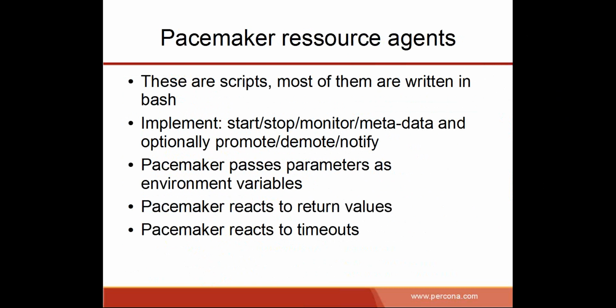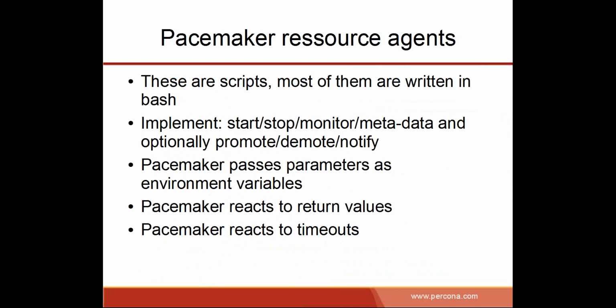So the next part, resource agents. Those are scripts, and most of them are simply bash scripts, but they can be written in Perl, Python, Ruby, name it, as long as you can read environment variables and support actions, so parameters on the command line.